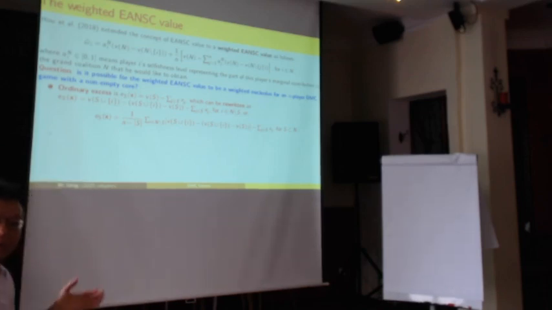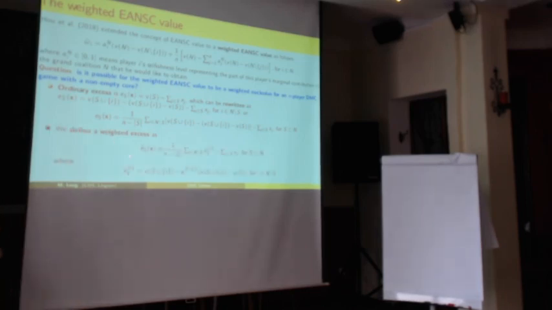For any coalition, we define a parameter here. So now this is the new definition of the weighted excess. Here I add this parameter, which is for the selfishness level for this coalition.